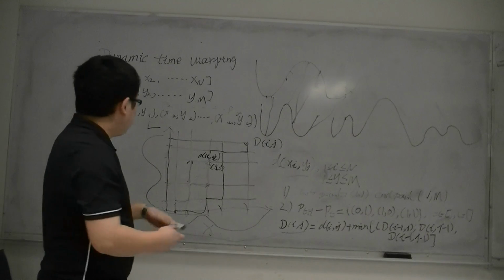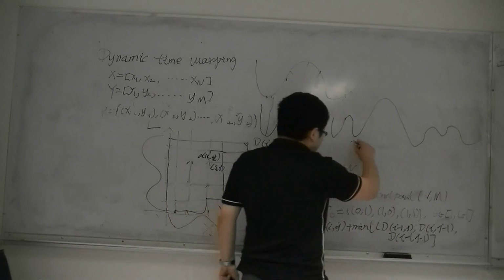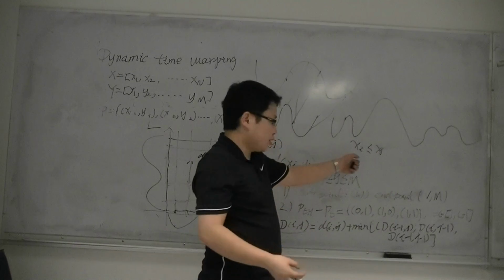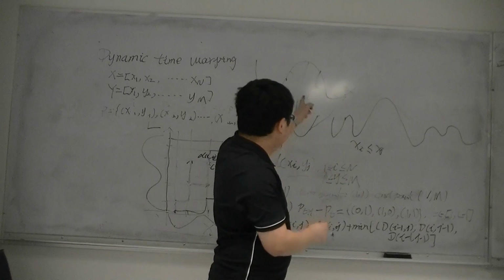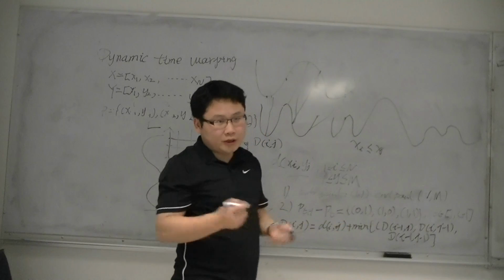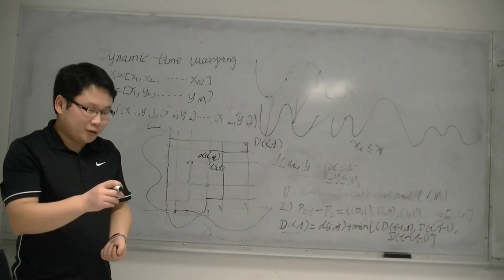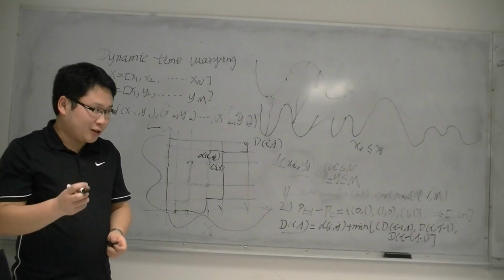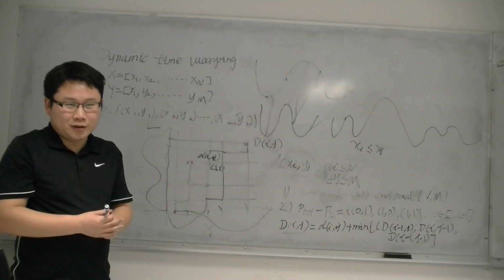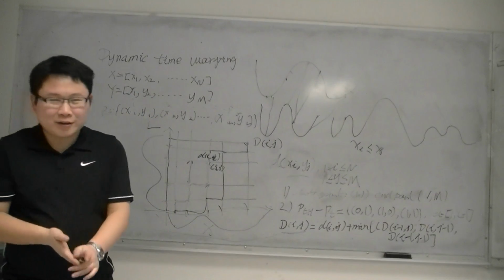It's non-decreasing. A point may be matched twice. So the length doesn't matter. It's used to solve comparison of nonlinear, unequal-length signals. It's interesting. Simple, but I think it's useful. So that's my presentation today.